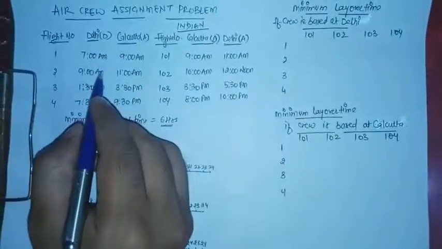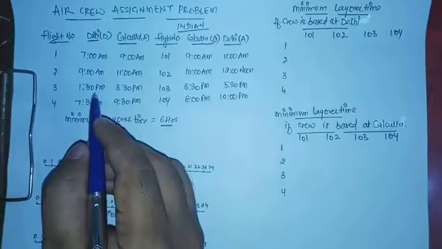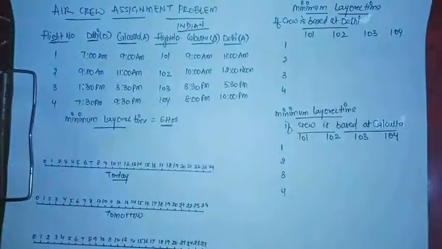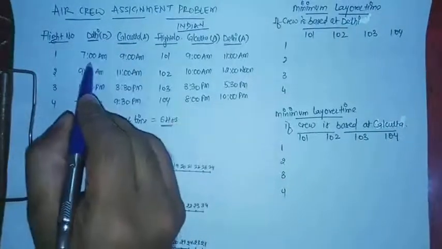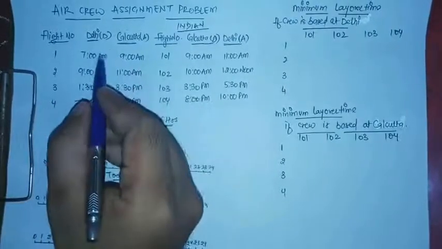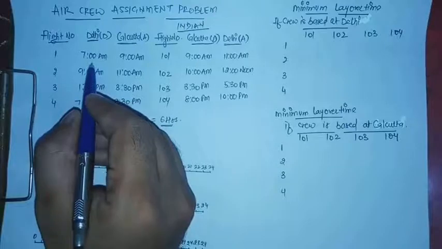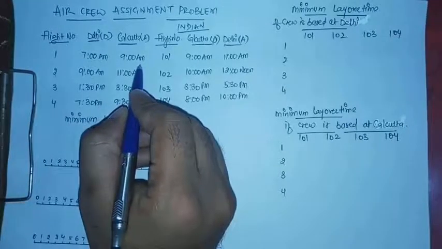So the flights boarding from Delhi to Calcutta are departing from Delhi at 7 a.m. and arriving at Calcutta airport at 9 a.m.